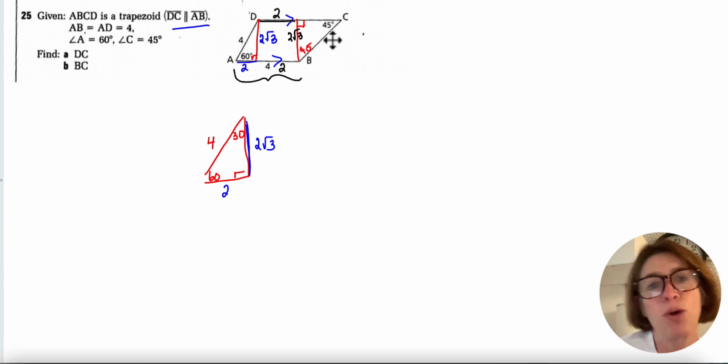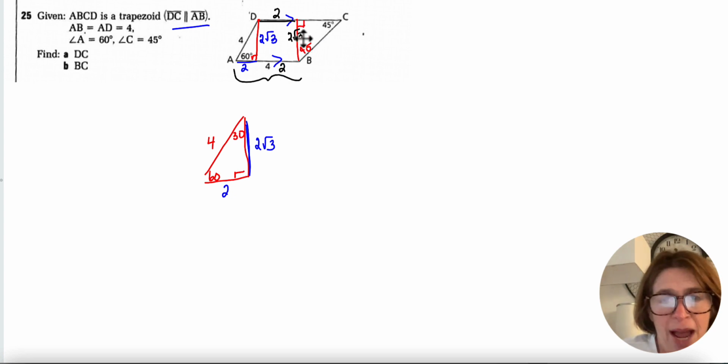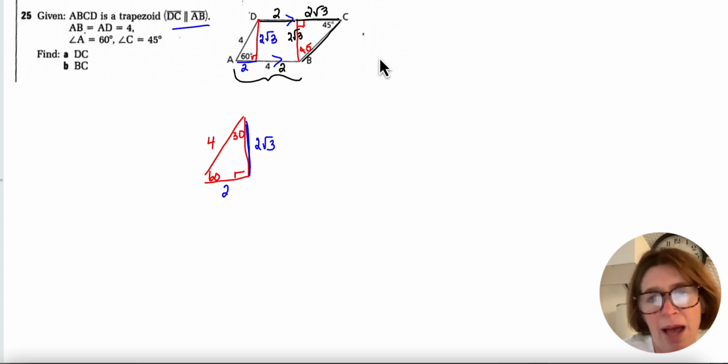Now I've got to work with the other part. I have a 45, 45, 90 triangle. It's isosceles, which makes this 2 root 3. And then to find the hypotenuse, BC, I multiply 2 root 3 times root 2, giving me 2 root 6.